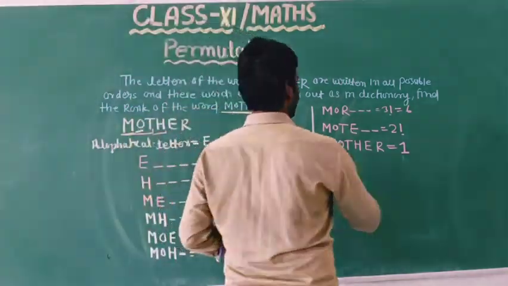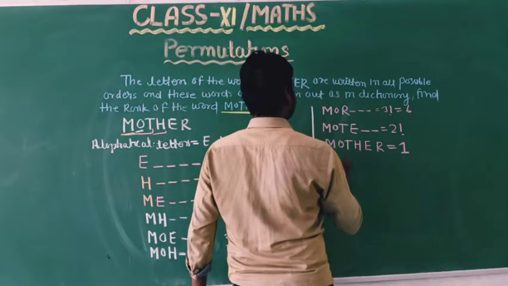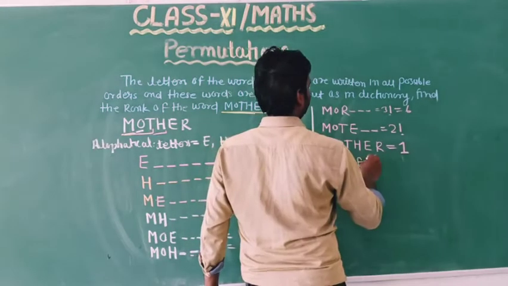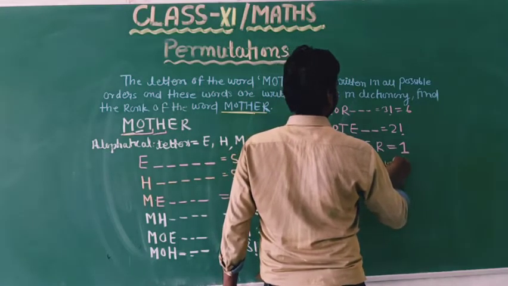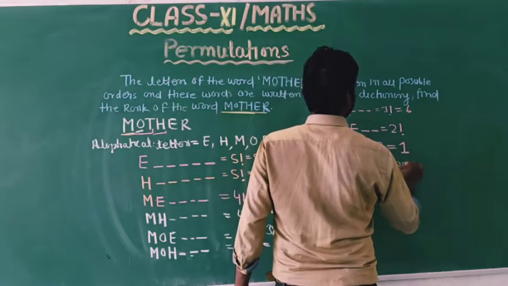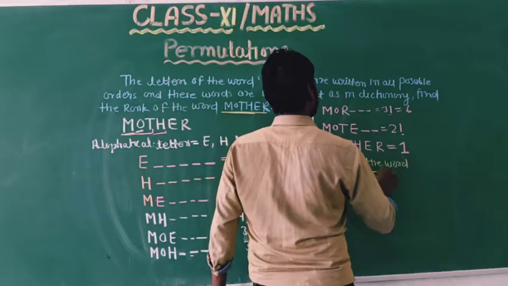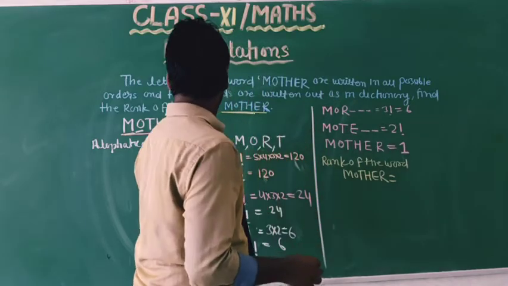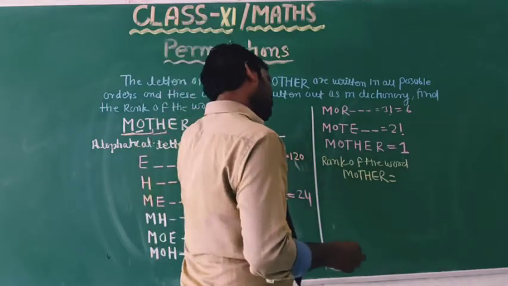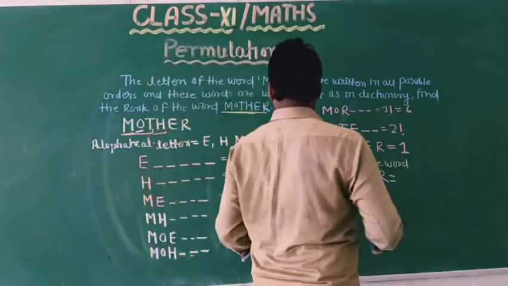So now find the rank, which is equal to adding all the ways. By the fundamental principle of addition we will add all the ways.